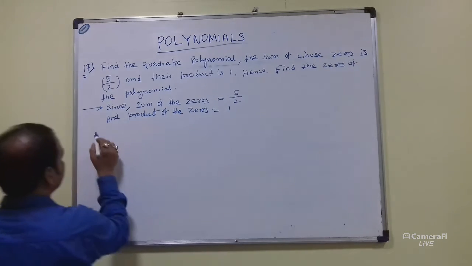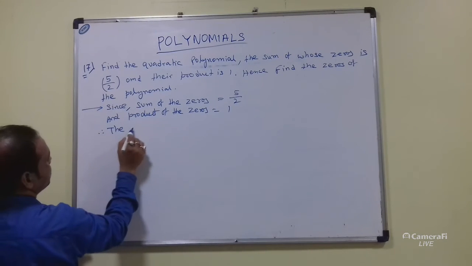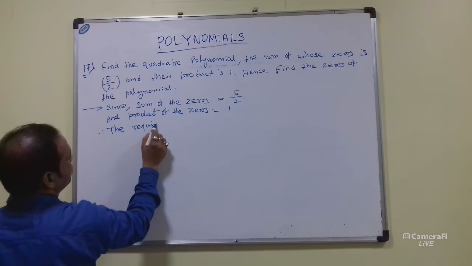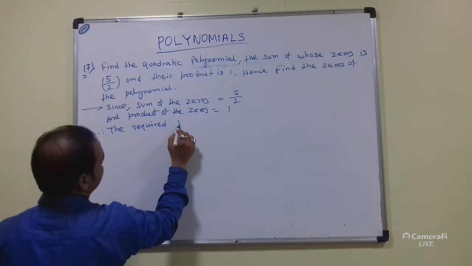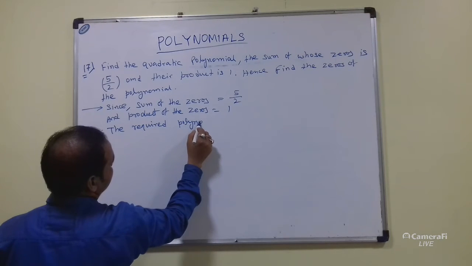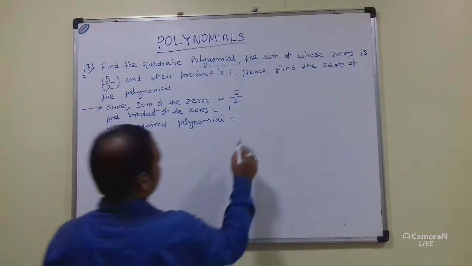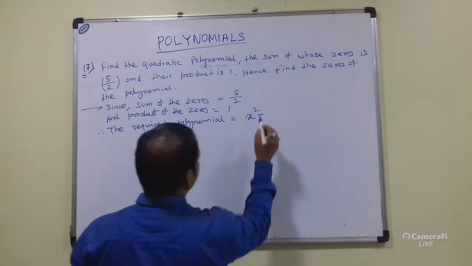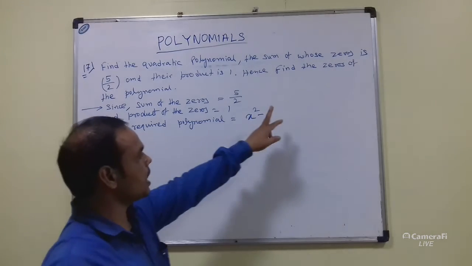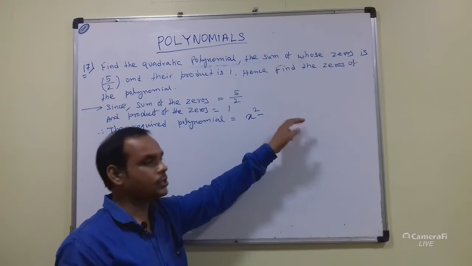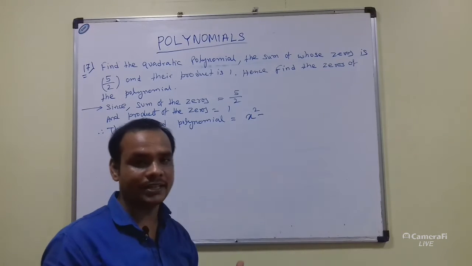is equals to 1, therefore the required polynomial is equals to, so we know that x square minus alpha plus beta into x. So alpha plus beta is what?